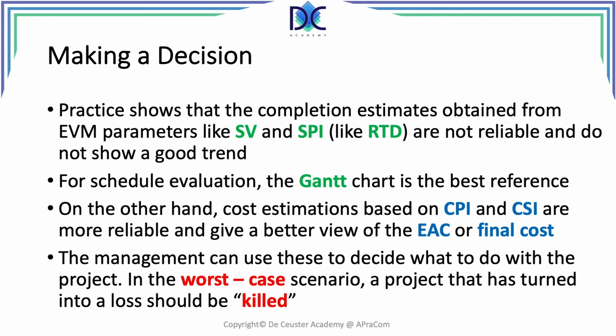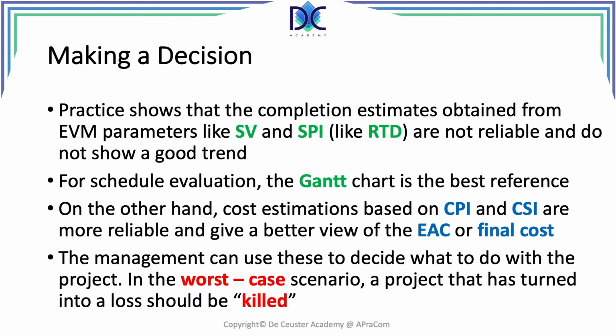The Gantt chart gives you a good overview of what is happening with the project. On the other hand, cost estimation based on the CPI and the CSI is more reliable and gives a better view of the expected cost at completion and the final cost.